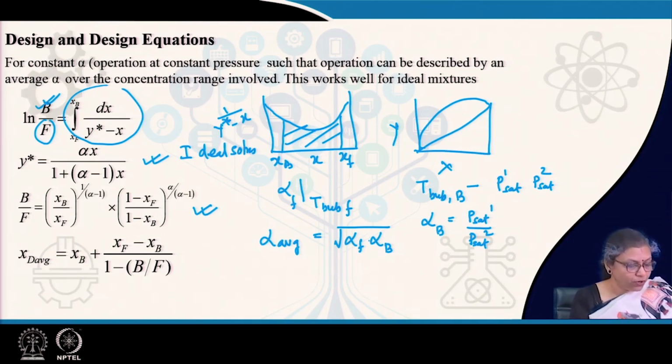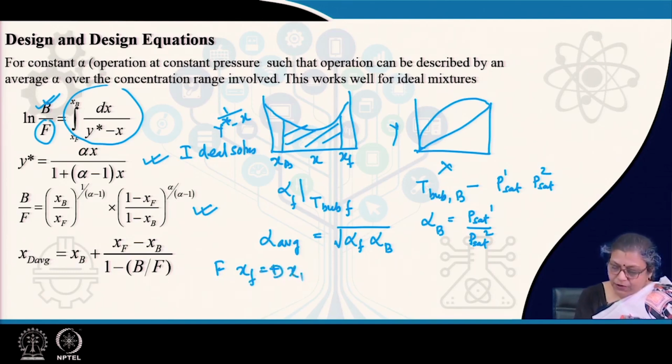Now, from the overall material balance, we also get what will be the average xD in this particular case. For the average xD, we just do the overall material balance, which is F xF equals D of xD average plus B of xB.